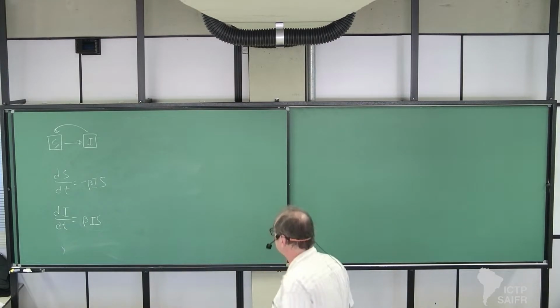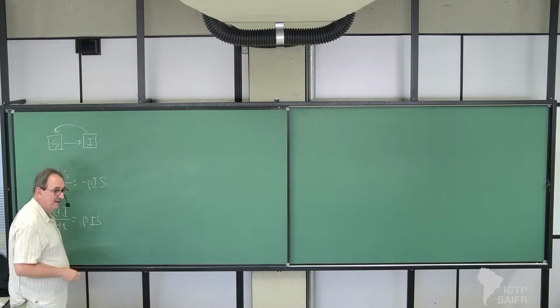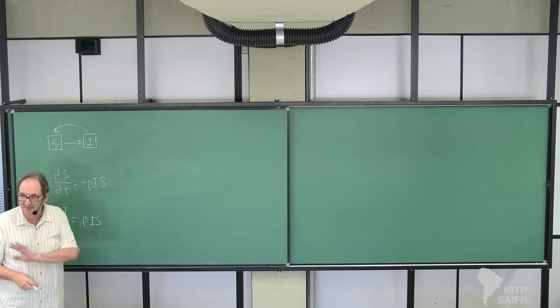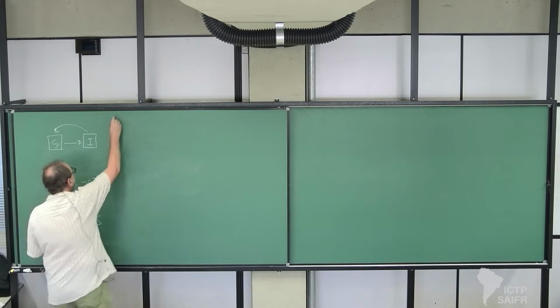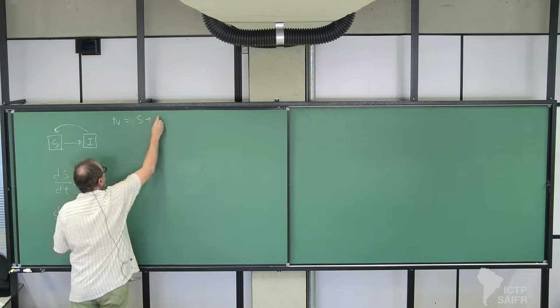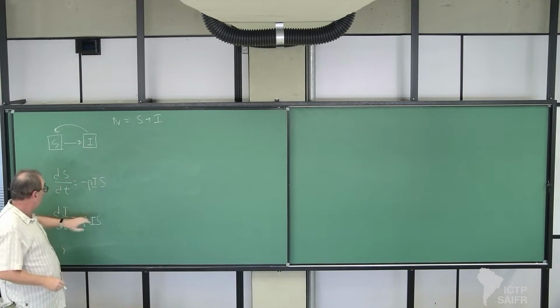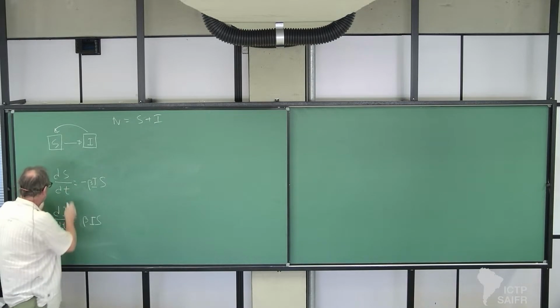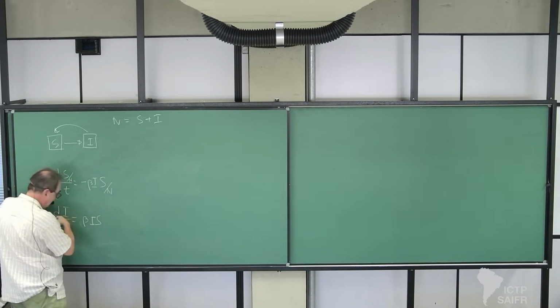So this is not the case here, because if I divide this by N, say the population will be constant, okay? So there's a total population size, which will be N, which is S plus I, and I will write a model that conserves this, okay? So if I want this, then I could divide this by N here, and by N here, and here, same thing.